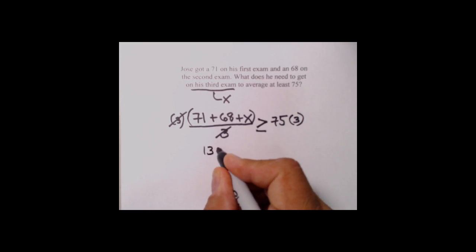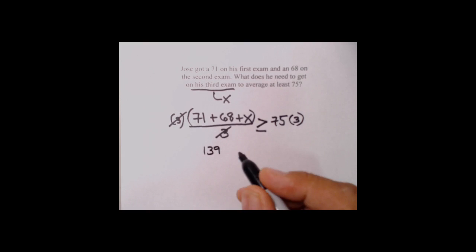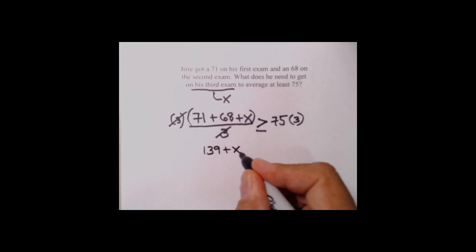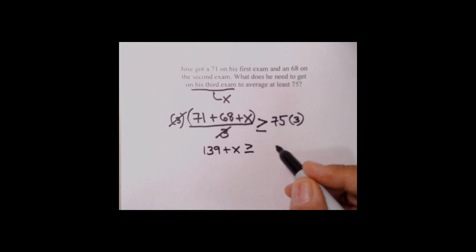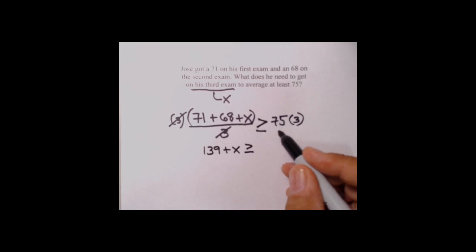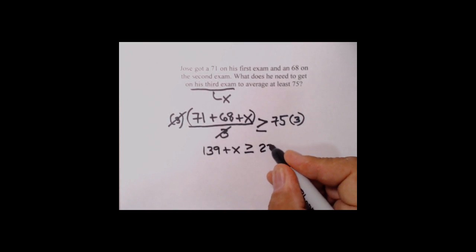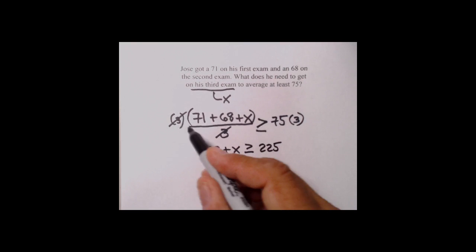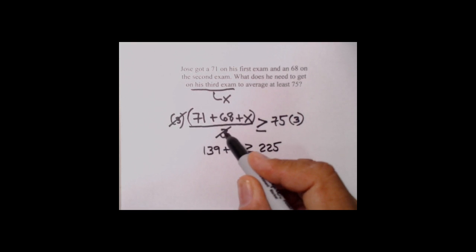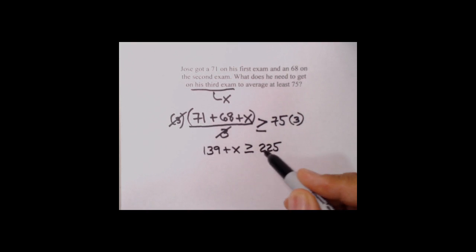Okay, so 139 plus x has to be greater than or equal to, well, 3 times 75, let's see, 2 times it'd be 150, so 3 times it'd be 225. Well, okay, by multiplying by 3, we got rid of this divide by 3, so it made it much easier to continue on here.